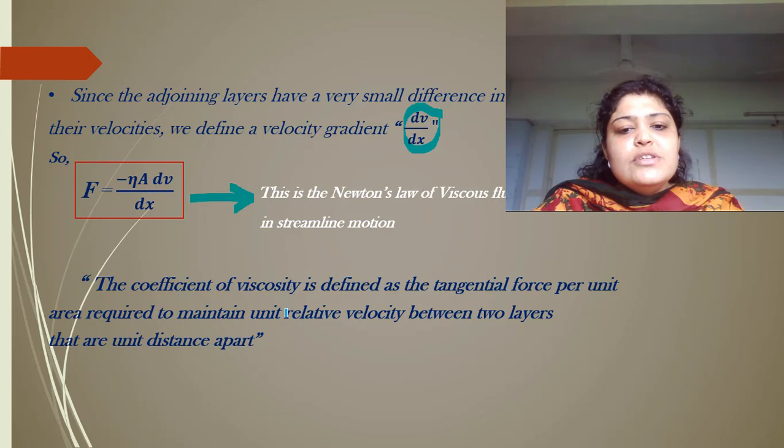So the coefficient of viscosity is defined as the tangential force per unit area which is required to maintain unit relative velocity between two layers which are unit distance apart. So the cross-sectional area is unity, the relative velocity is unity, and the distance between the two layers is also unity.